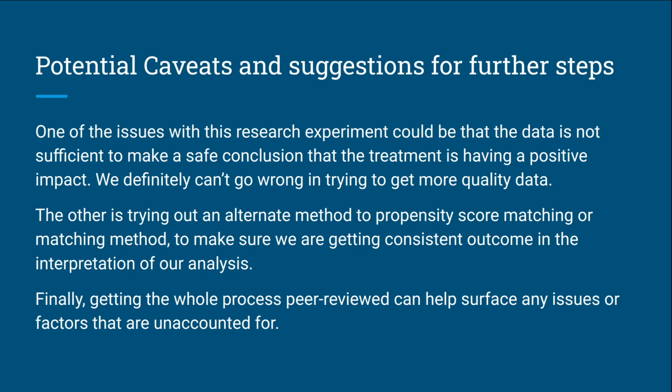And the other is we could also make use of an alternate method to propensity score matching to make sure that we are getting a consistent outcome in all of these methods. So if we have multiple methods that can be used for the same purpose, and if they all give the same outcome, then there's a higher chance of being sure that the outcome is actually correct.